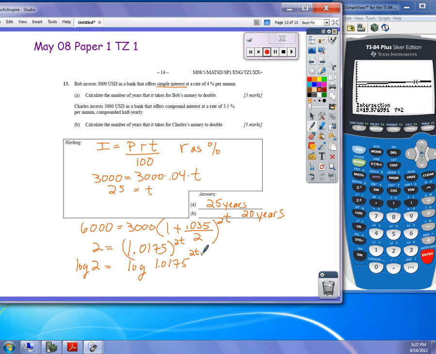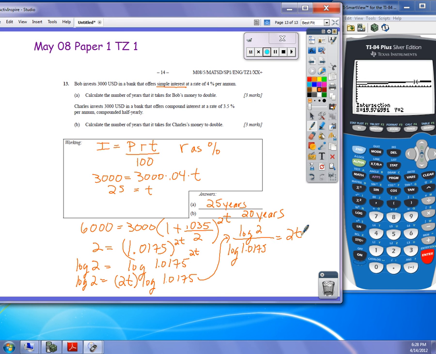Using the laws of logs, I bring that exponent down to the front. So the log of 2 is equal to 2t, I'll put that in parentheses, times the log of 1.0175. And now I divide both sides. So the log of 2 divided by the log of 1.0175 is equal to 2t.